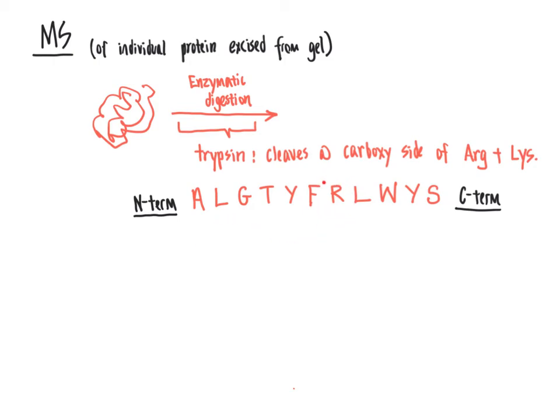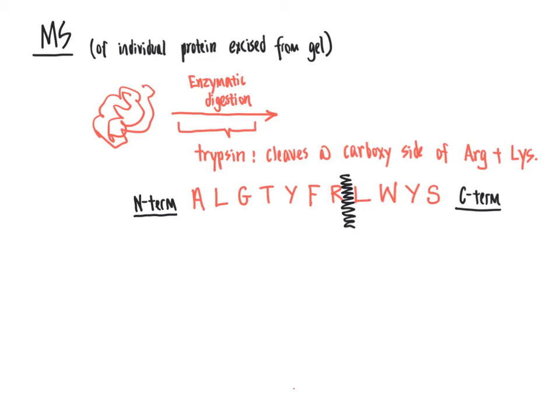And so if we were digesting this with trypsin, which cleaves on the carboxy side of arginine, what would happen is that the protease, the trypsin, would cause a breakage in the peptide bond right here on the carboxy side of arginine, breaking this small protein that we have listed the sequence for here at this position, breaking that covalent bond, releasing those two peptide fragments.